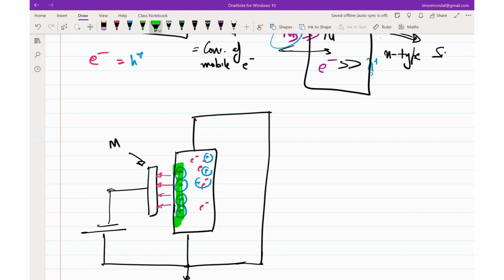So that small part will not be electrically neutral. The rest of the silicon will be approximately electrically neutral because it's almost an equal number of positive and negative charges. But around the edge where the electric fields are getting generated or terminated, you are going to see a charged part. Okay.